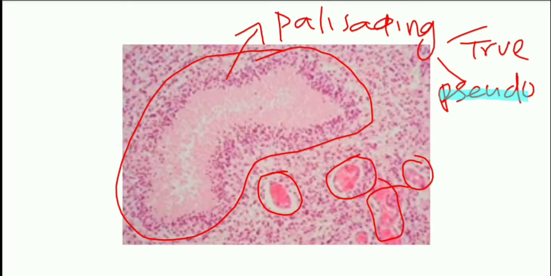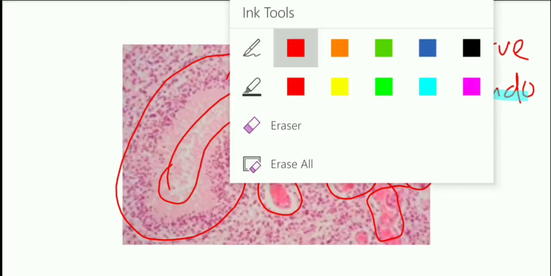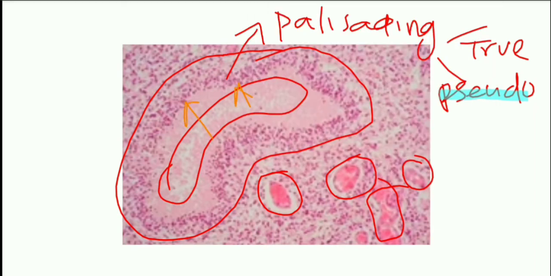So we have already said that here it is pseudo palisading because of necrosis in the center. This necrosis has pushed the tumor cells and arranged them in the parallel pattern. So that is why it is pseudo palisading. So that is about the microscopic examination of glioblastoma.